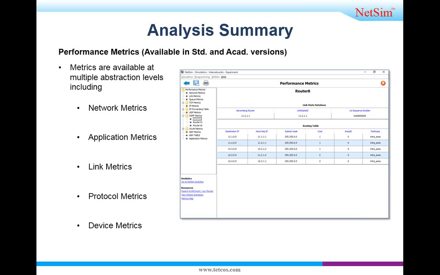Link metrics display the values of the metrics related to each link, like packets transmitted, packets errored, and packets collided. And protocol metrics display the protocol based metrics which are being implemented in the network scenario. Then device metrics display the device related metrics like ARP table and IP forwarding tables. So this will give you the summary of your analysis about your network.